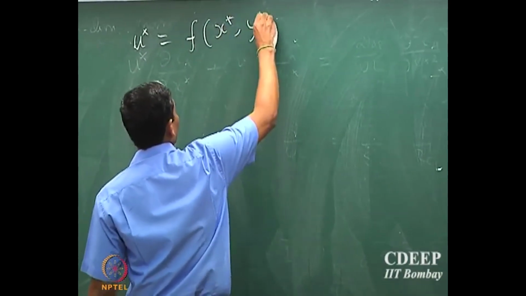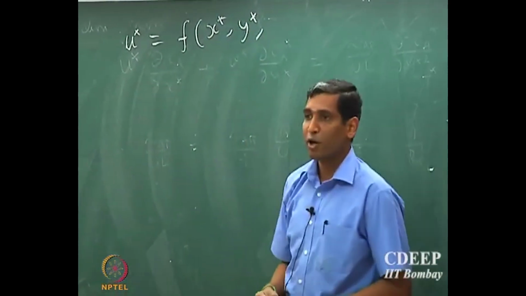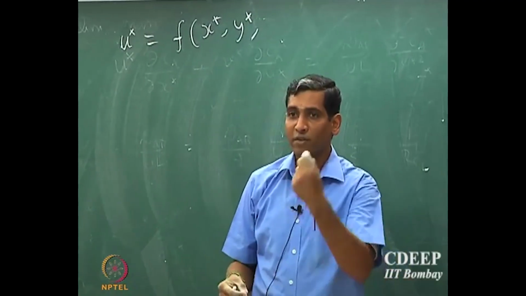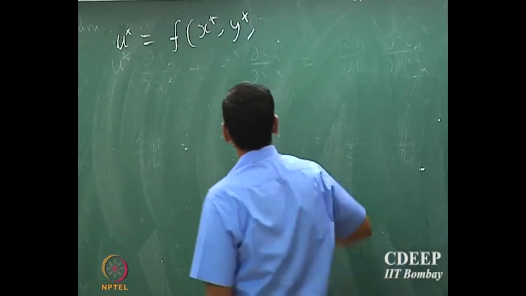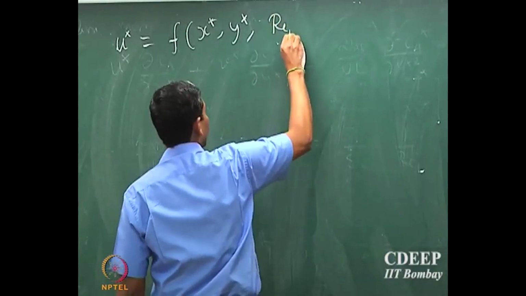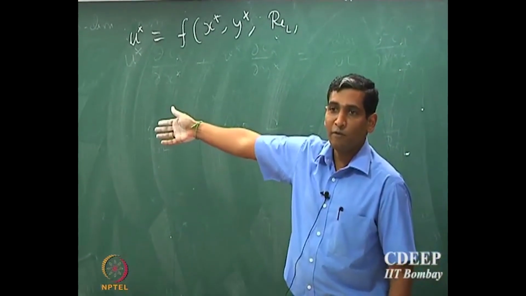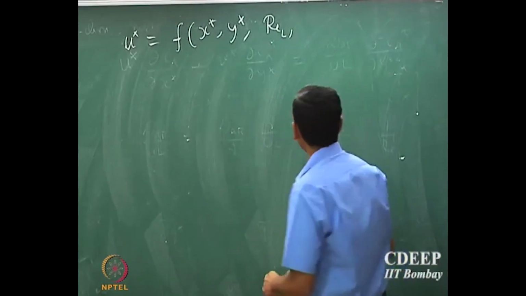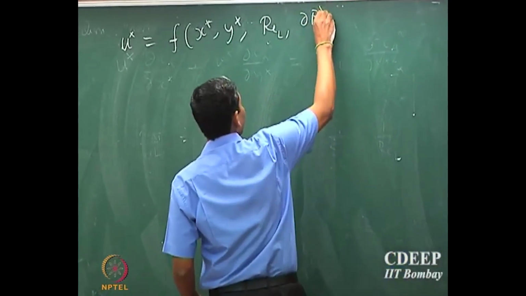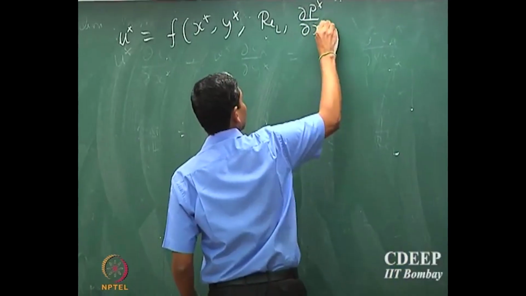Naturally it has to be a function of x star and y star, because you have x component velocity which is varying in both x and y, and it has to be a function of the Reynolds number because that's the property of the fluid which is appearing in the equation, and it has to be a function of dp star by dx star.